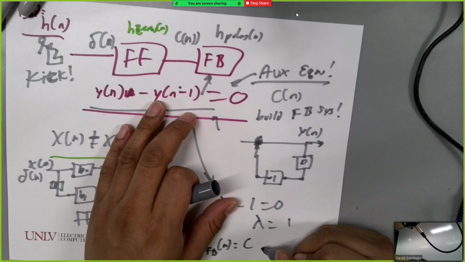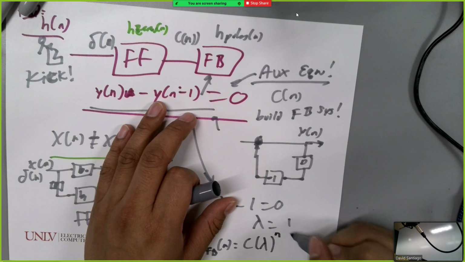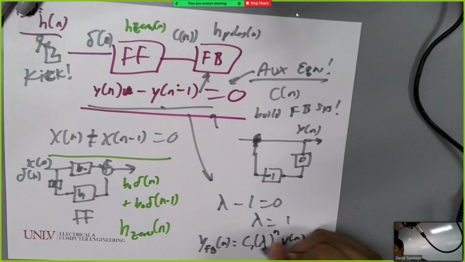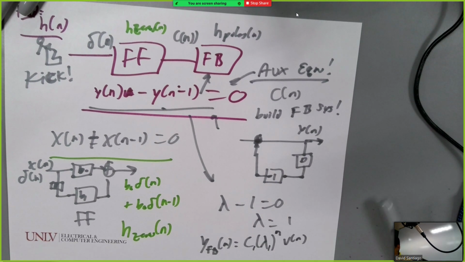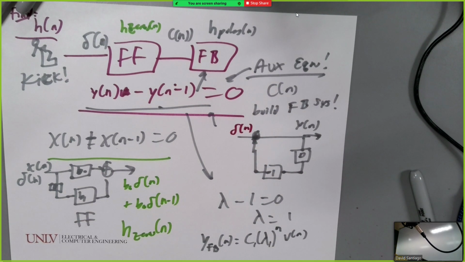c, this is digital, lambda to the n u of n. Remember that? C1, lambda 1. Where if we kick this box right here, right? What's the initial condition that you got to memorize?